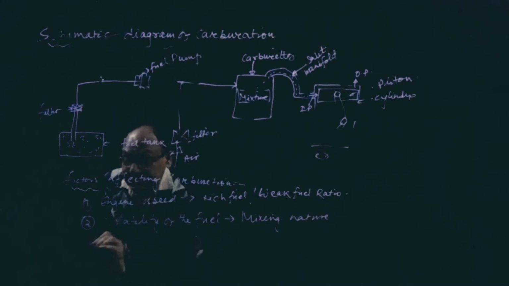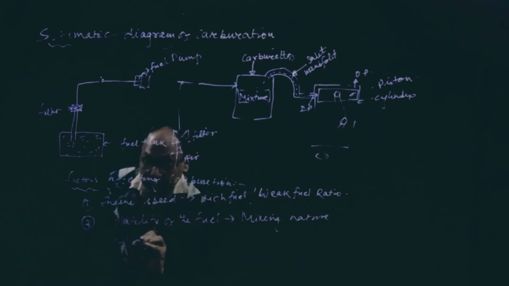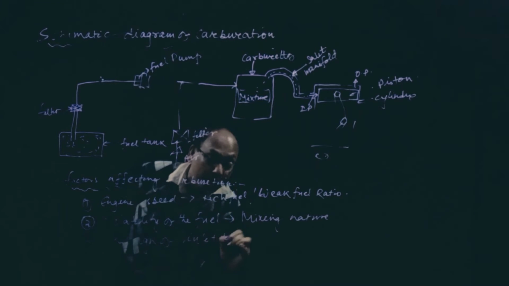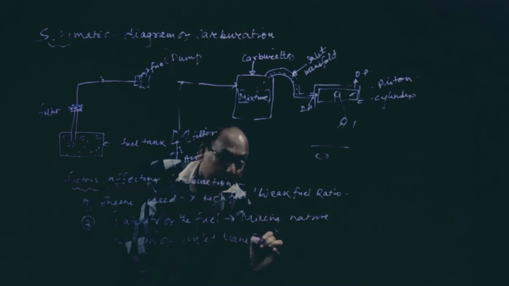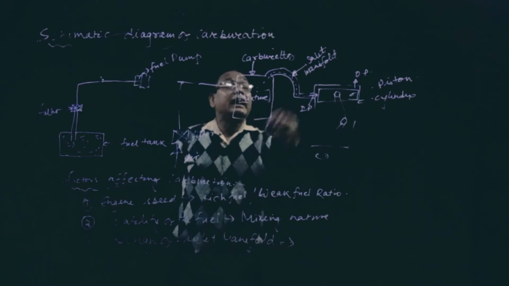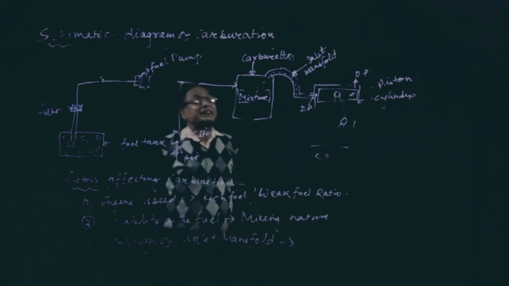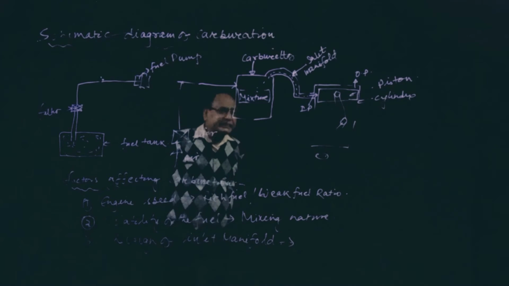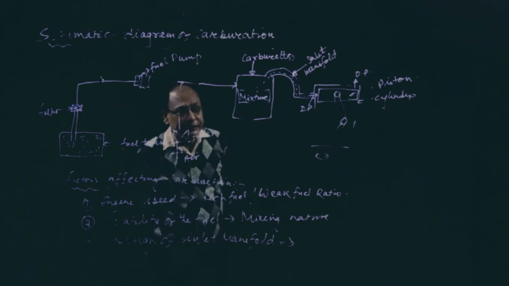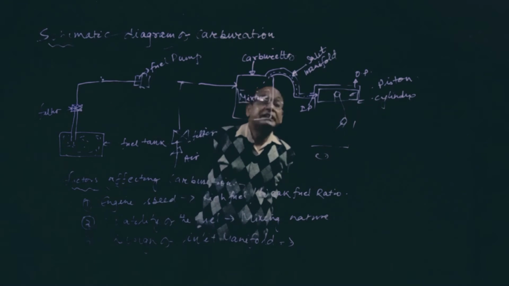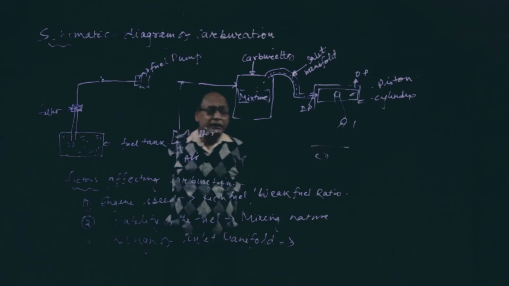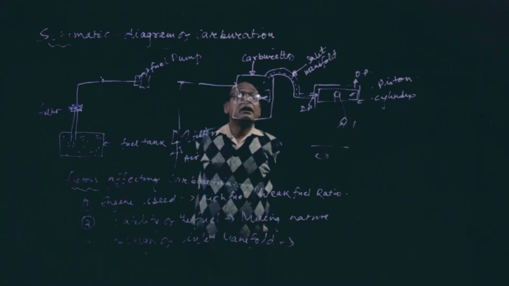Number three, design of inlet manifold. If this inlet manifold is not properly designed, then when the engine requires more fuel, that is rich fuel, it may not reach there. That's why design of the inlet manifold plays a vital role for the carburation.